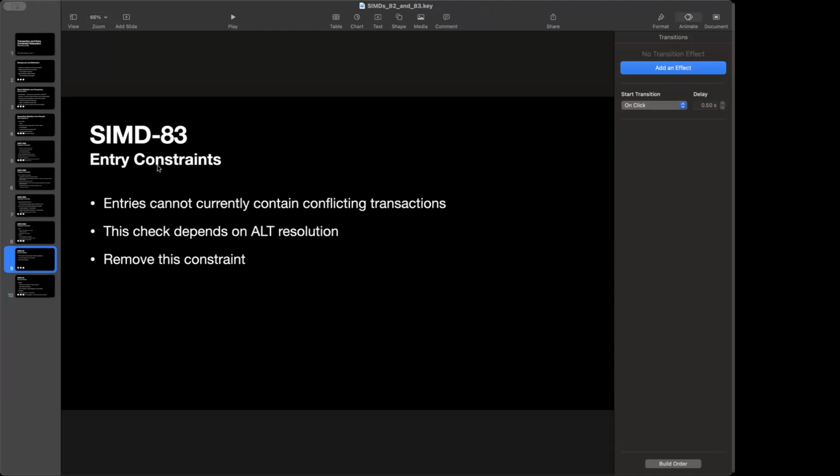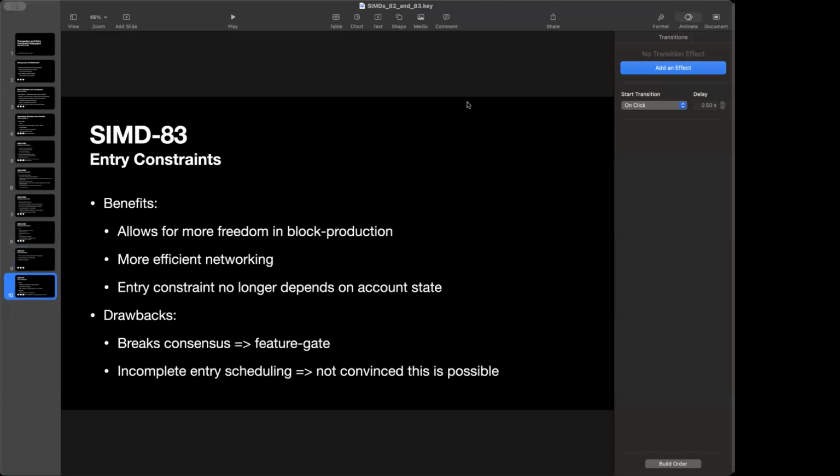And this check also depends on us resolving the ALTs, because we can't tell which transactions conflict with each other unless we look at the account lookup tables. So SIMD 83 just removes this constraint entirely and says you can put whatever transactions you want in any entry.